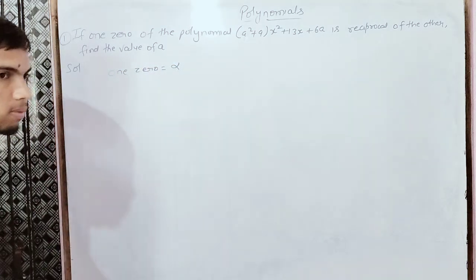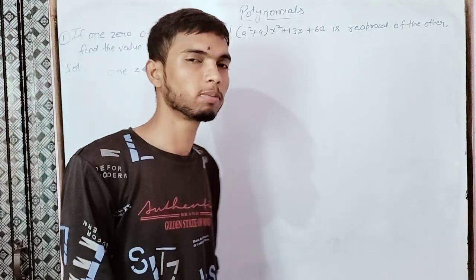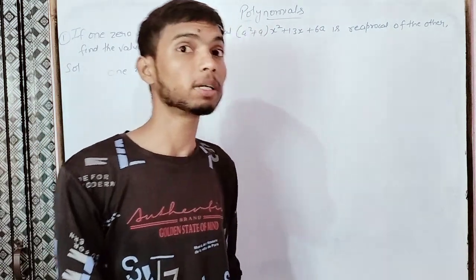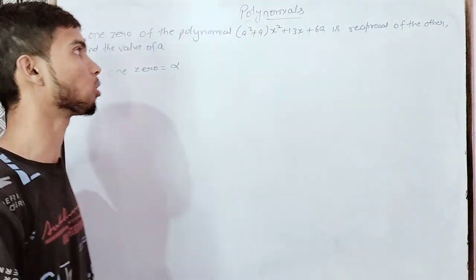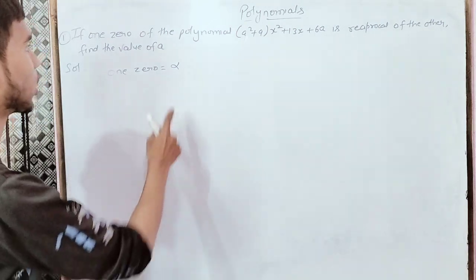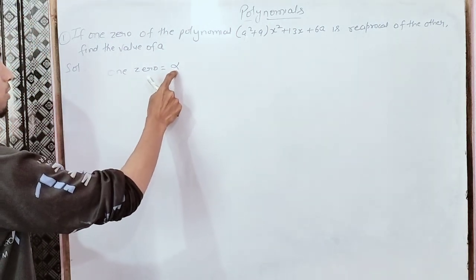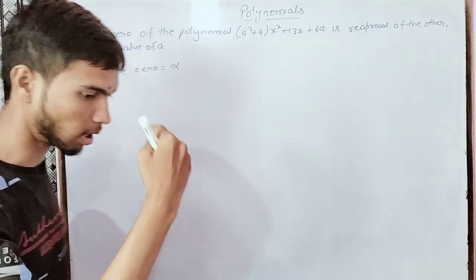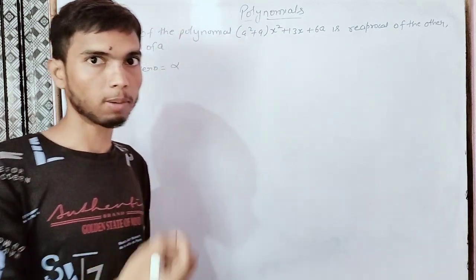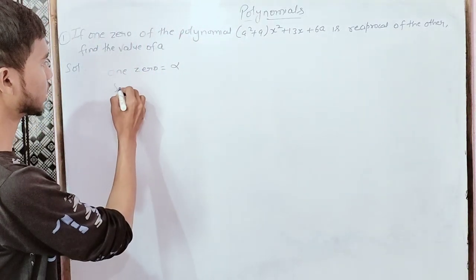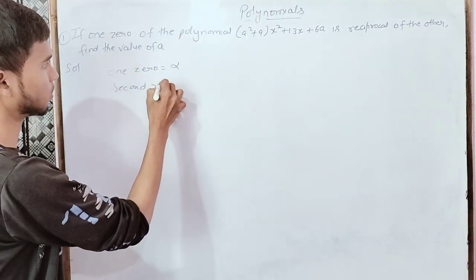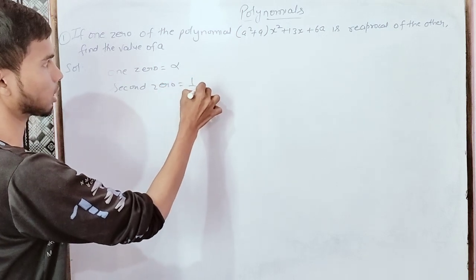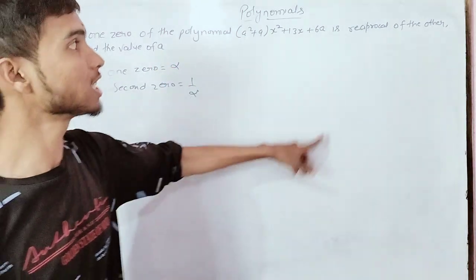Okay, one zero is alpha as we know. The second zero will be beta, but beta is the reciprocal of this. So the reciprocal of this would be what? Just the opposite. So 1 upon alpha. So the second zero would be 1 upon alpha.